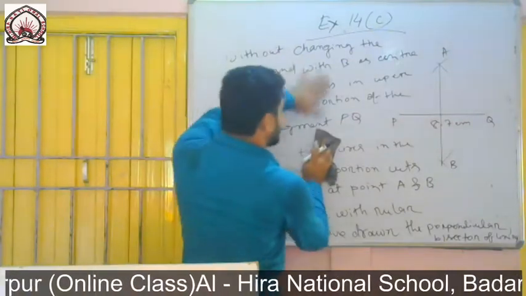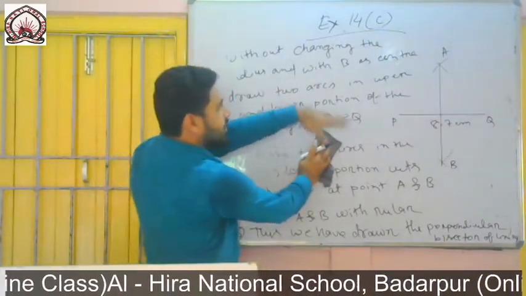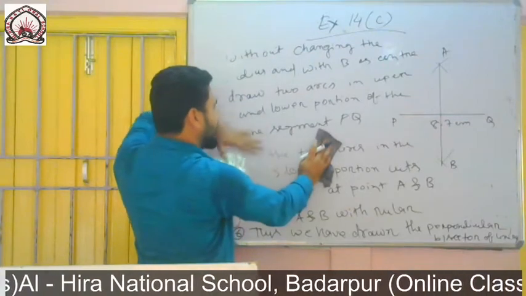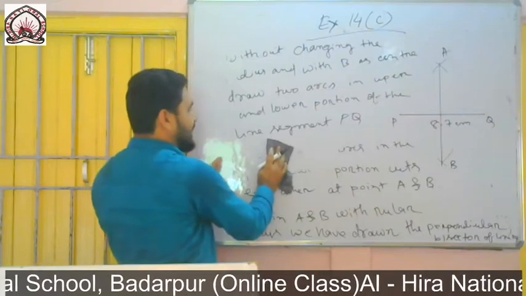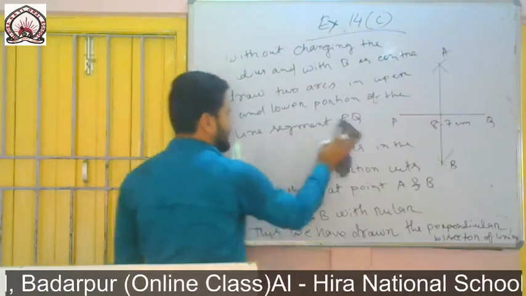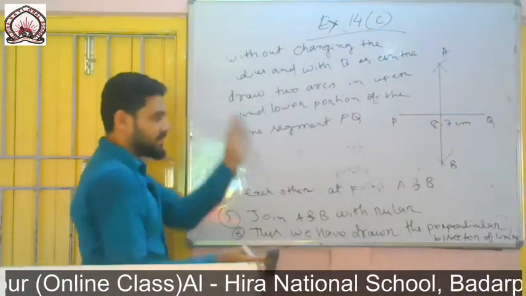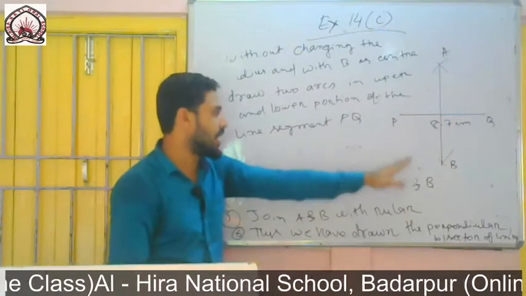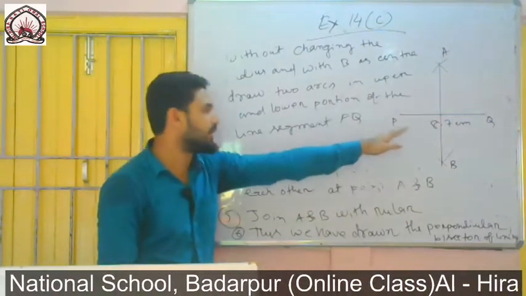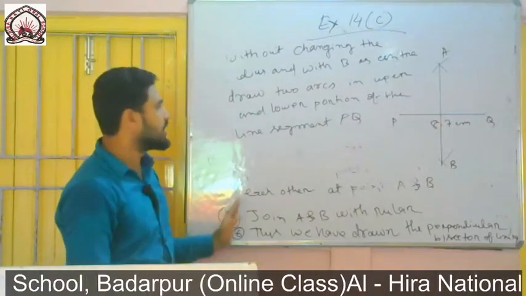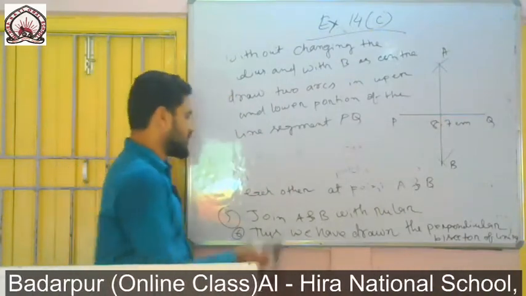You can write these things in your own language also, no problem. I have written in my language, in my grammar. These are the steps of how you have constructed, and these are called steps of construction.